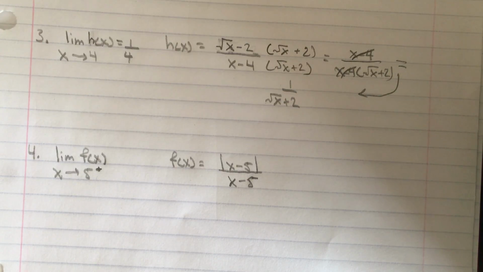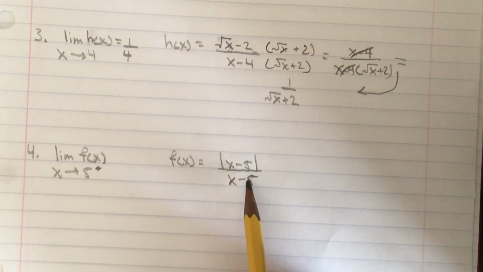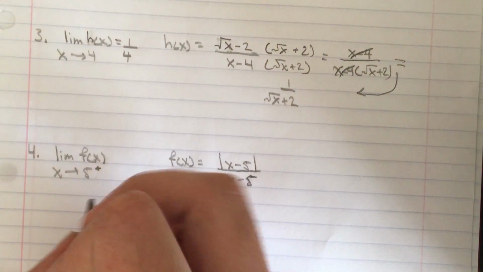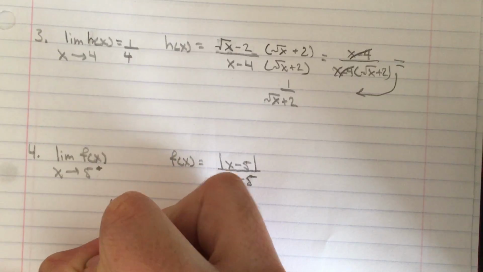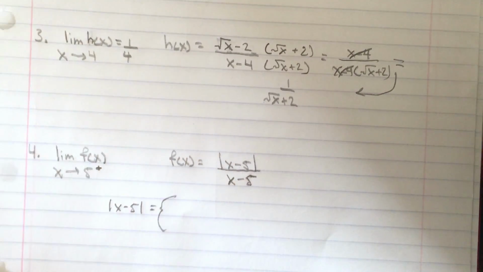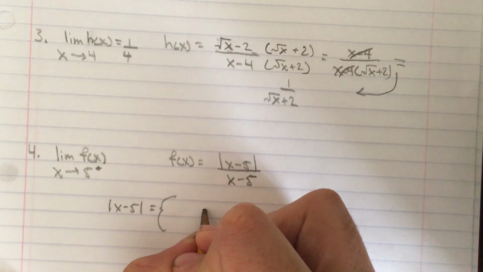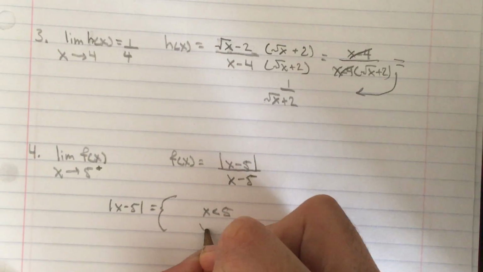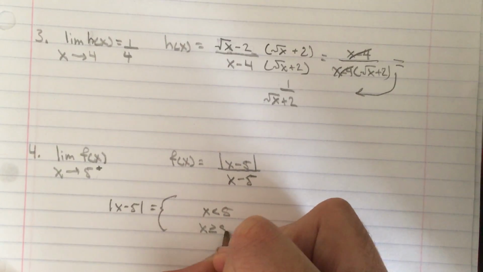So we can actually take, and this cannot be canceled because this is an absolute value. But what this does equal, the absolute value of x minus 5 can be turned into a piecewise function, where we're trying to find x when it's less than 5 and x when it is greater than or equal to 5.